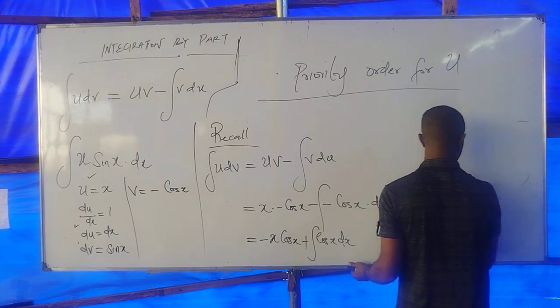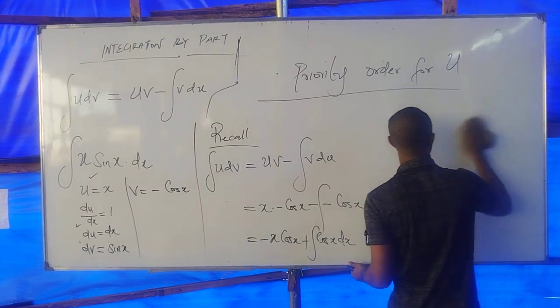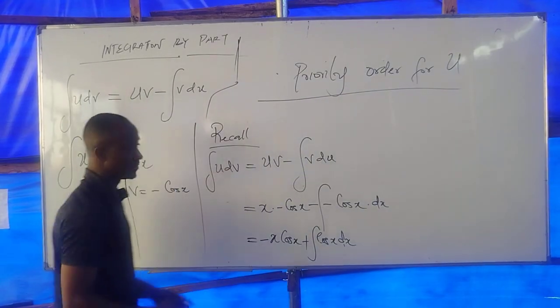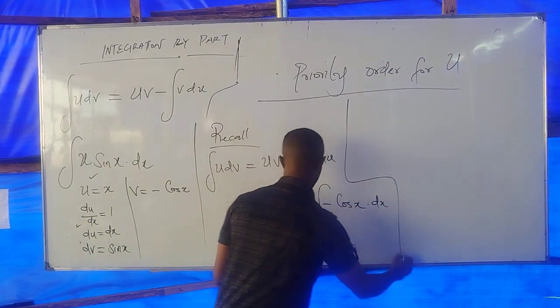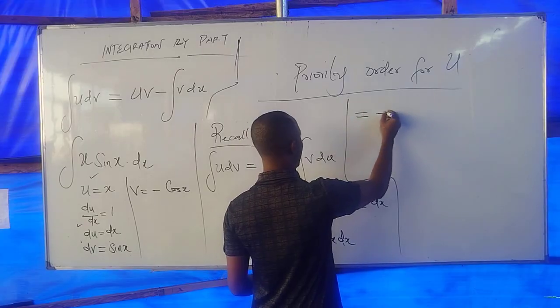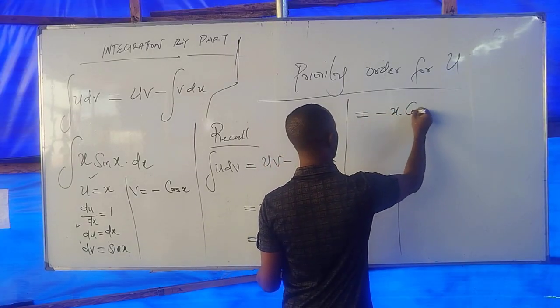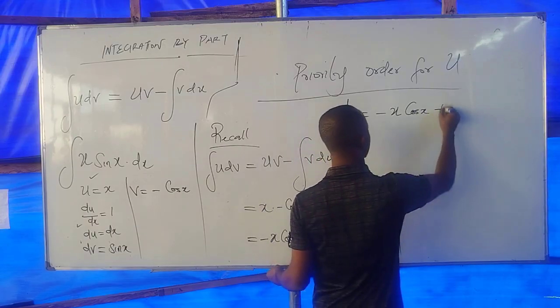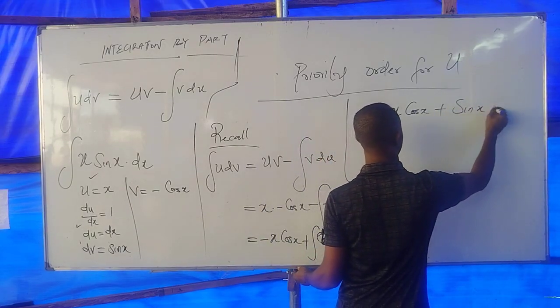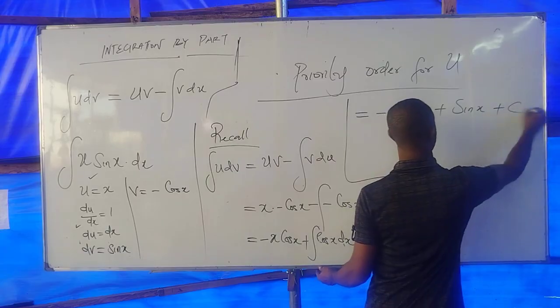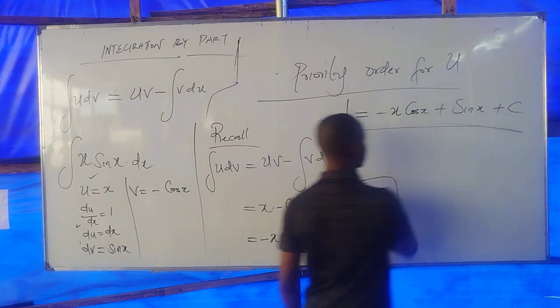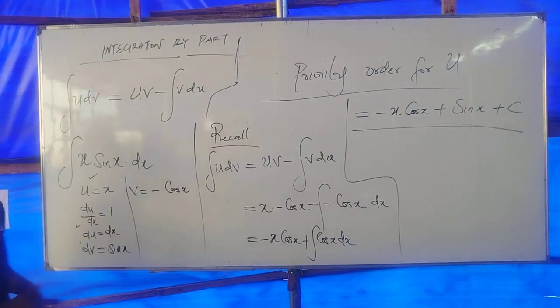Who says minus sine x? If you integrate cos x, you have sine x. So there we have minus x cos x plus sine x plus C, the final answer. Are you getting the gist here?